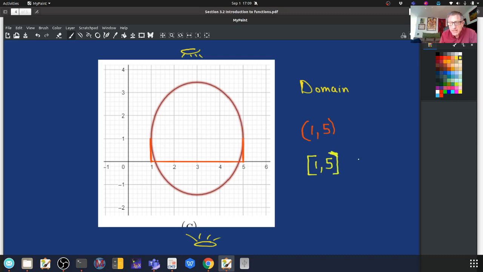So that is the domain. Remember, the domain is a set, and an interval is a set. Now let's do the same thing for the range. So again, we're going to look right there. We're thinking about light shining in from the left or the right.